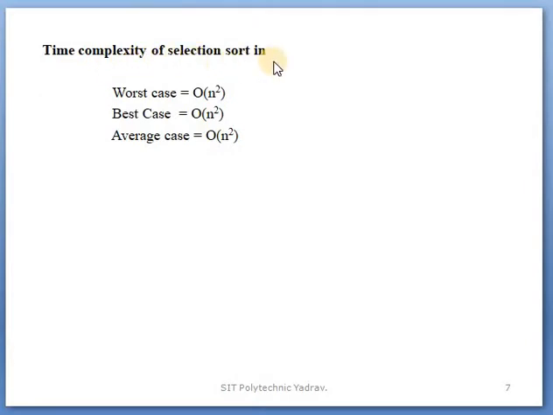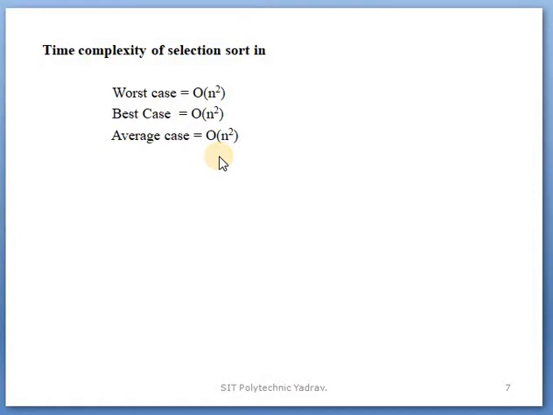The time complexity of selection sort is big O of n square in the worst case, big O of n square in the best case, and big O of n square in the average case, because the comparisons are made over n minus 1 passes or iterations. Here n is how many numbers or elements are present in the array or list.